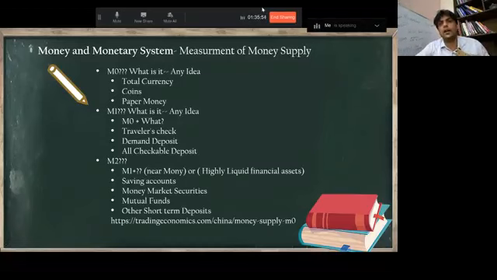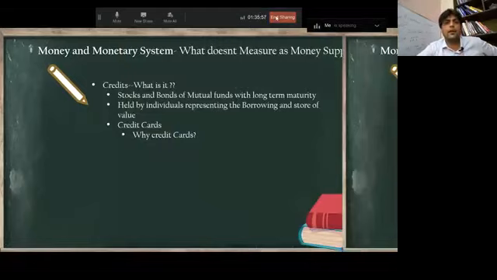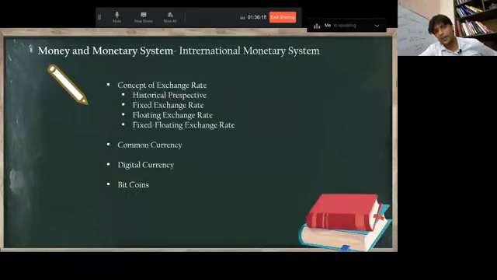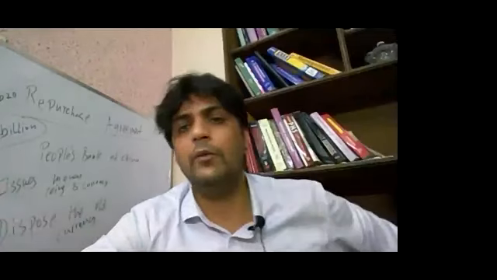So let's talk about money and the role of money supply in the economy: what is gross domestic product, how we achieve it, how the money supply impacts GDP, what the monetarist point of view is, who the Keynesians are, who the monetarists are. We will also see the historical perspectives of money and exchange rate, and then other types of currencies. That's all we're going to talk about.